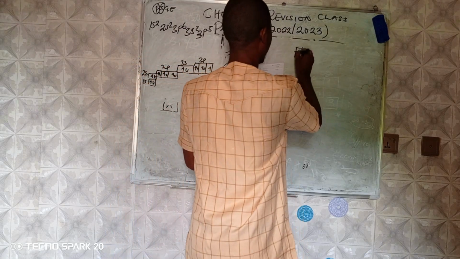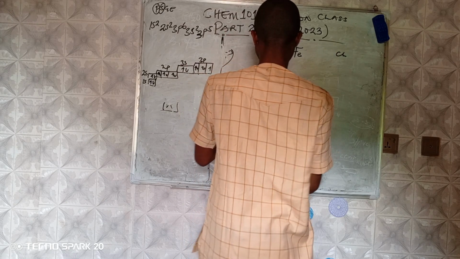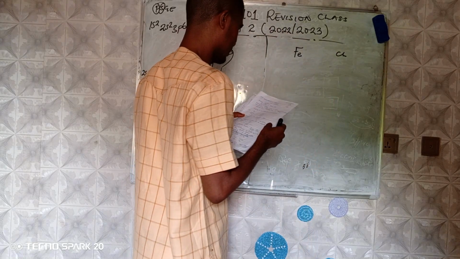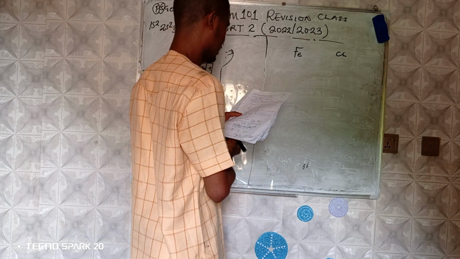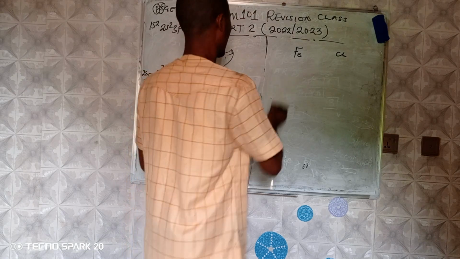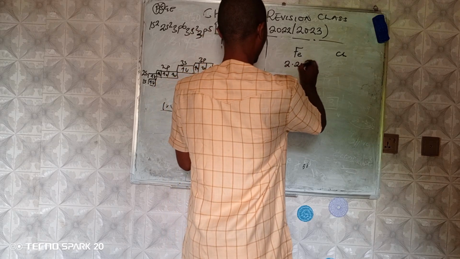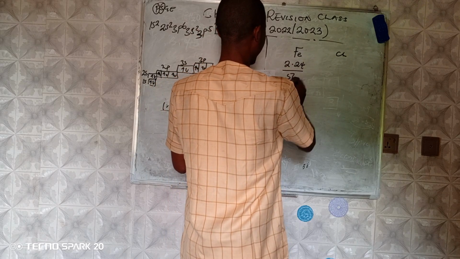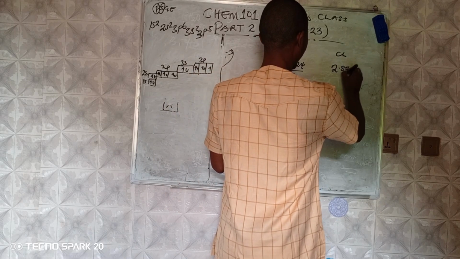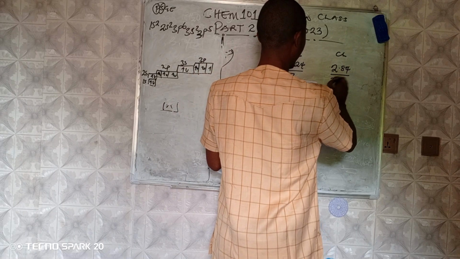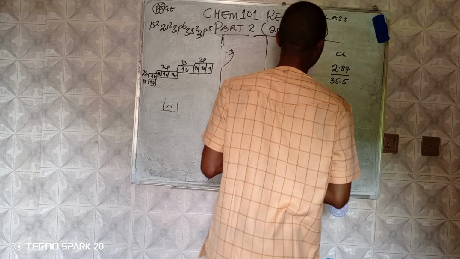We are talking about iron and chlorine. We have 2.24 over 56, that is the molar mass of this, and we have 2.84 over 35.5.